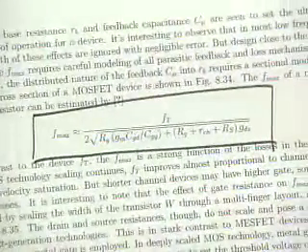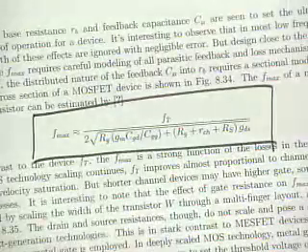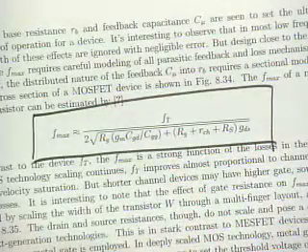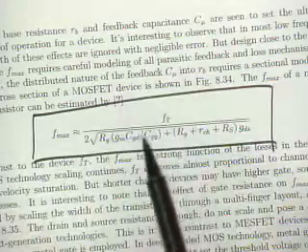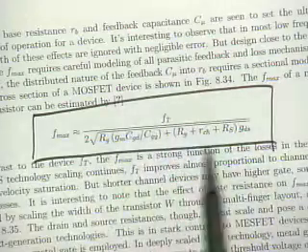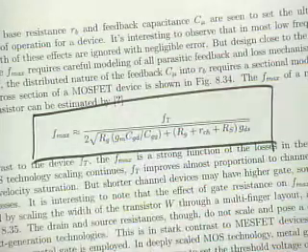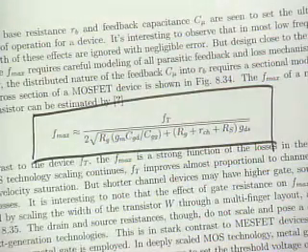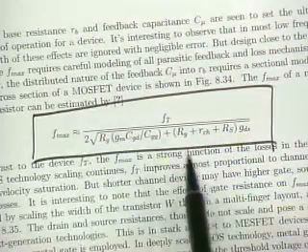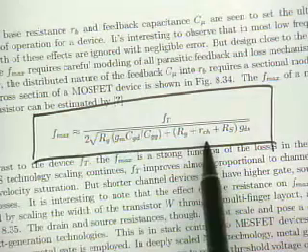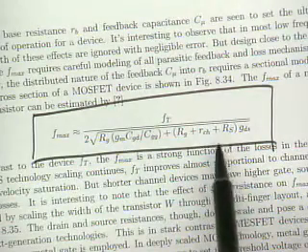So Chin found that for a modern CMOS device, you can express Fmax as approximately the Ft of the technology, which again, Ft doesn't depend on loss, right? It just depends on the bias point, the GM of the device, and CGS of the device. And then terms that depend more or less on loss. So here we have the gate resistance, we have the channel resistance, and we have the source resistance.